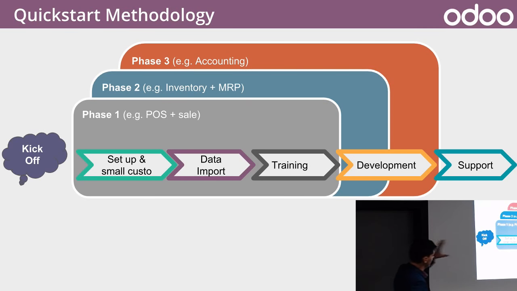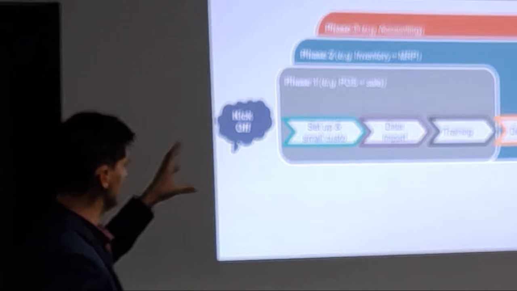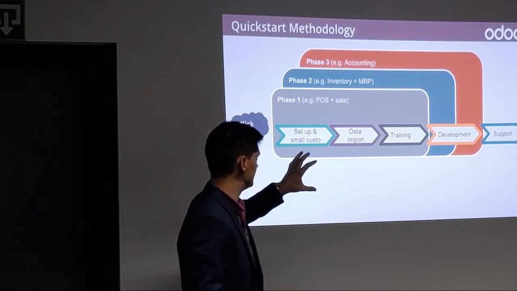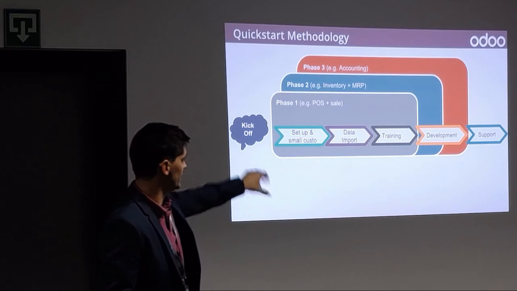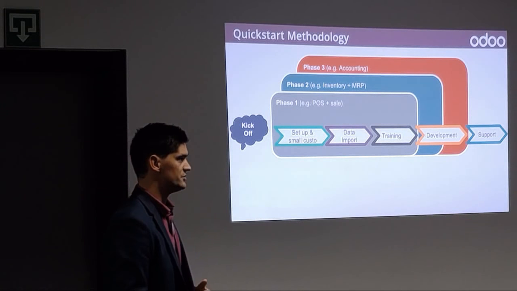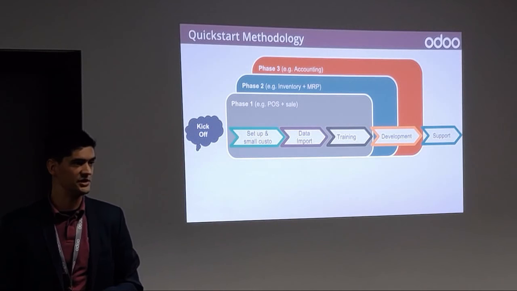We start with a kickoff, and then choose phase by phase to focus on a certain department within the company. If, for example, the customer starts with the point of sale and the sales application, we will make sure the database is set up with data. The training will be done by us or by a partner in order to make sure that that department can learn how to use the system on a day-to-day basis.